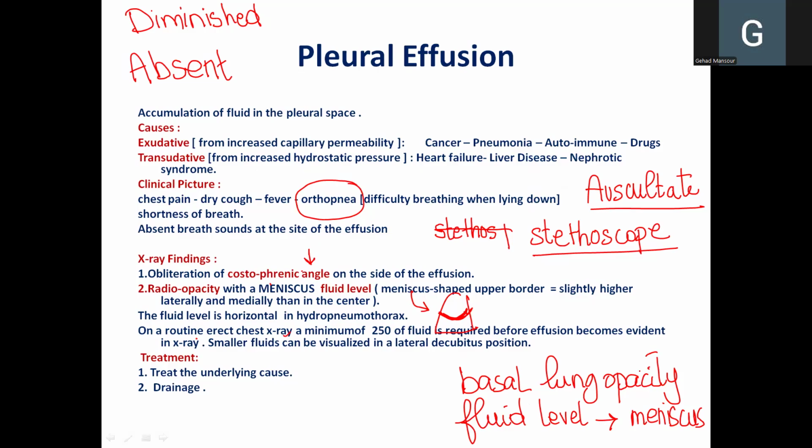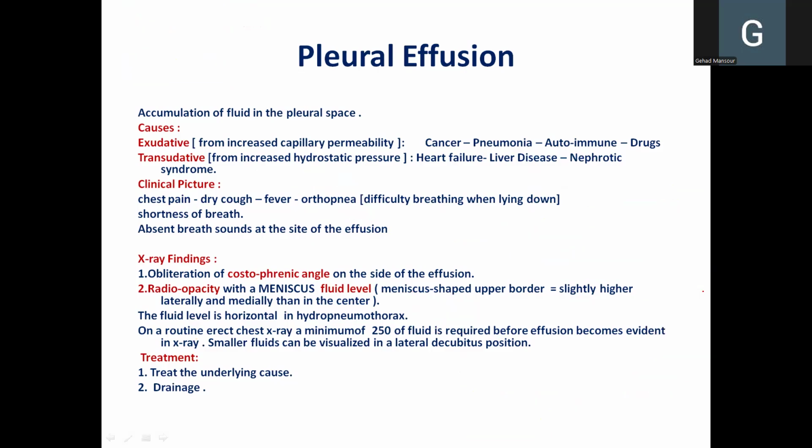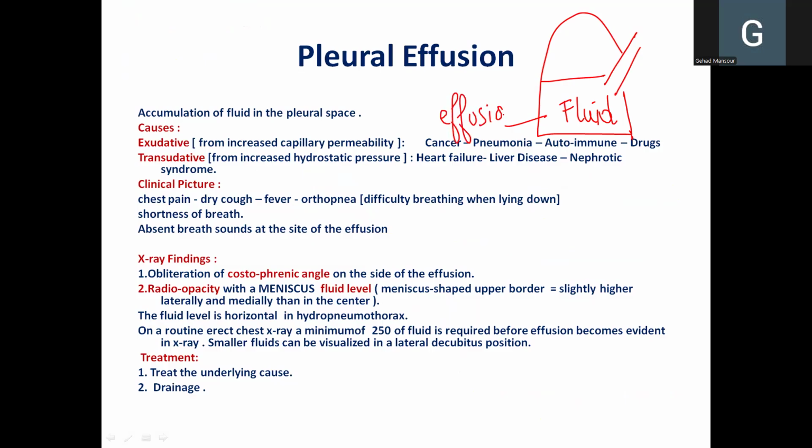Of course, as I said in class, sometimes pleural effusion is associated with trauma to the chest, and there is both fluid, which is the effusion, and on top of it, there is entry of air inside the lung.